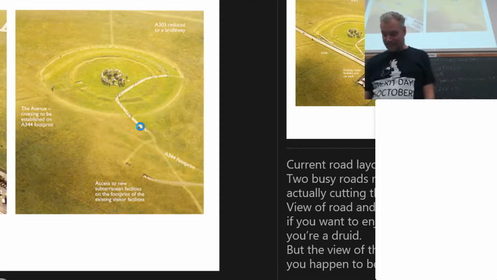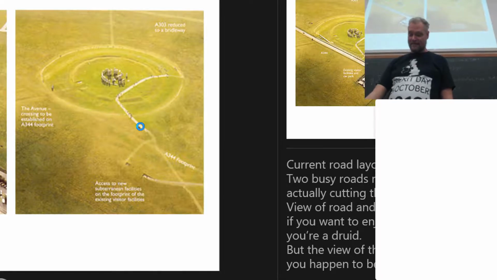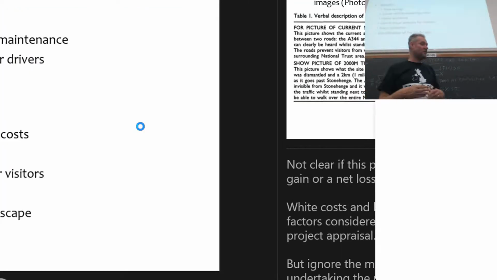And the question is, how much are people prepared to pay for this? The construction of the whole thing at the time was estimated to be 175 million pounds. The bad thing is that if you're driving in your car or you're standing in a traffic jam, you can no longer see Stonehenge.